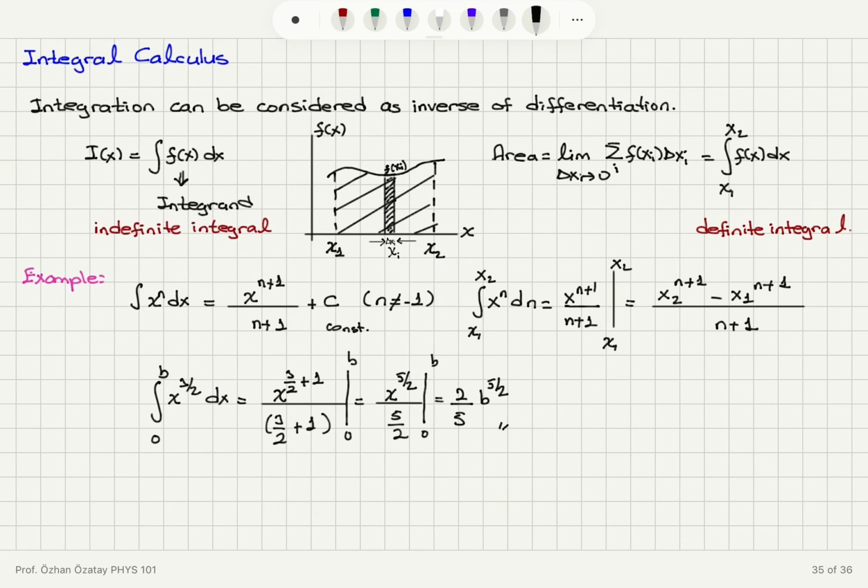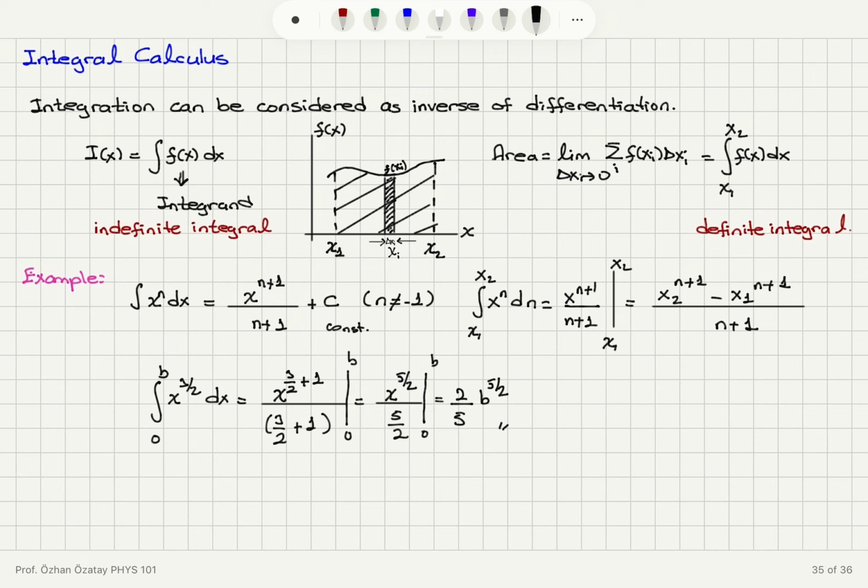We have to know these by heart. And as for the integral, we have two types of integrals, indefinite and definite. If the integral has limits x1, x2, then that means we're calculating the area under the curve f of x in this interval, which is found by evaluating the Riemann sum in the limit delta x goes to 0.